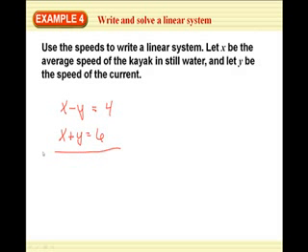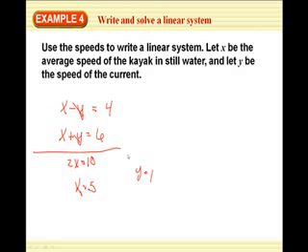The x's cancel out. 2x equals 10. X equals 5. 5 minus y is 4, so y equals 1. So in still water, the kayaker is going 5 miles per hour, and the current is 1 mile per hour.